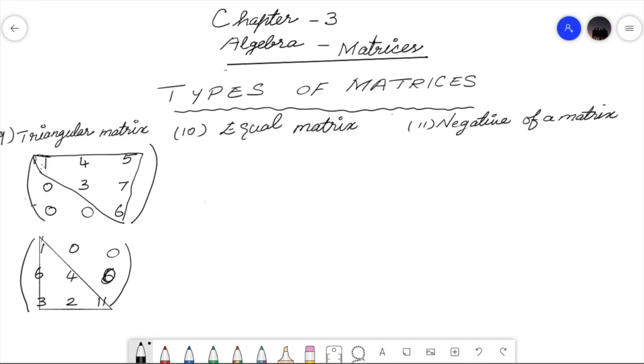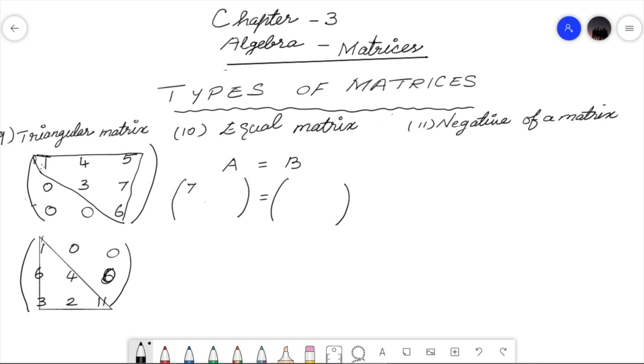Next is equal matrix. Here in equal matrix we consider two matrices A and B. The two matrices A and B are equal if the elements found in their positions are also equal.